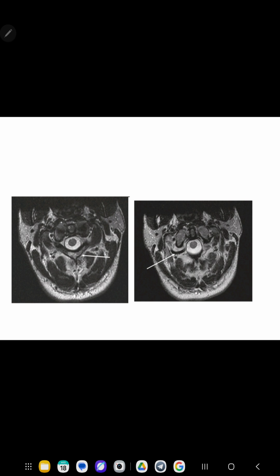Anterior is the dens or odontoid process. Inside it is the lateral mass and the foramen, the pedicle, and the lamina and the spinous process. So here what you can see is the groove for the vertebral artery, the transition from the V2 to V3 segment of the vertebral artery.